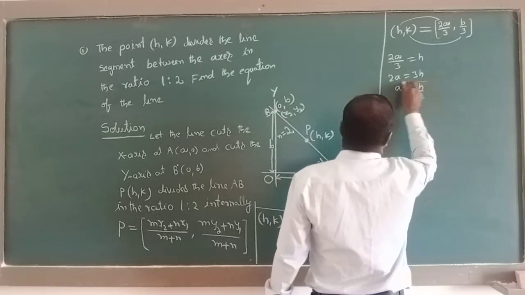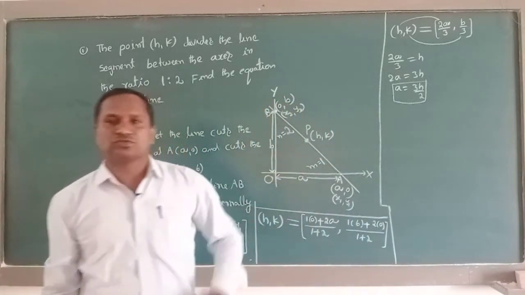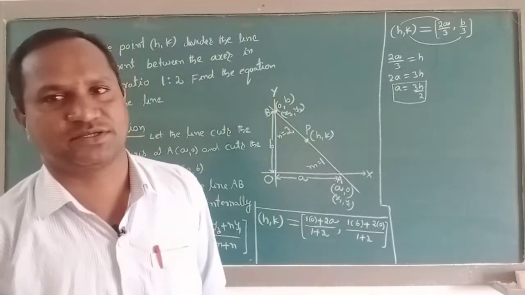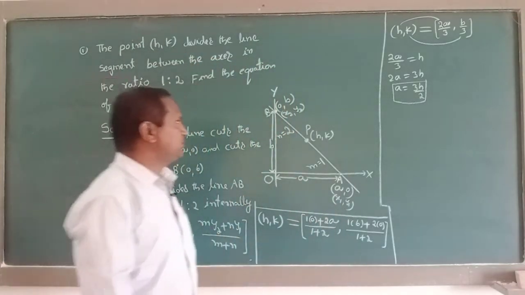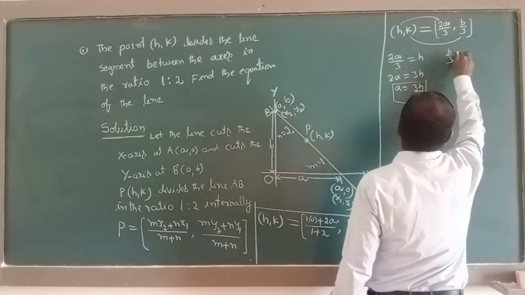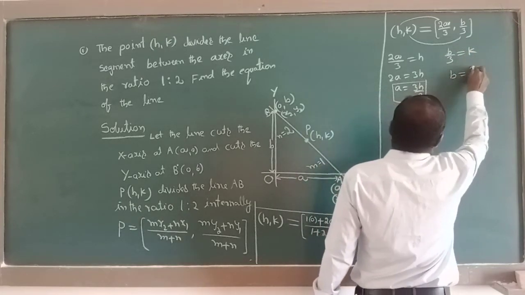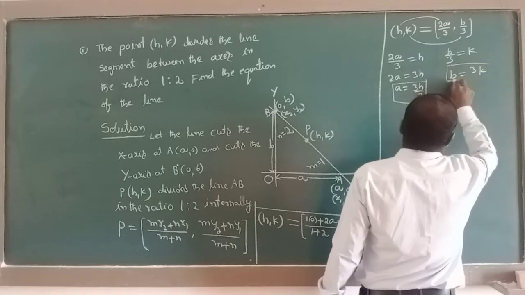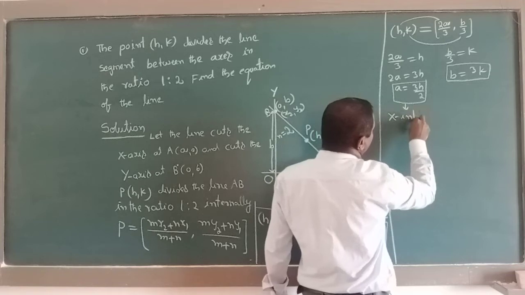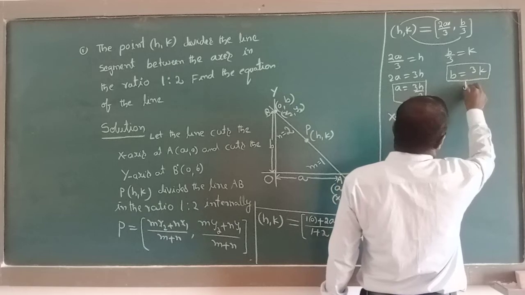We got the value of small letter a here. Already I have told that small letter a is the x-intercept and small letter b is the y-intercept. Now the next one: b by 3 is equal to k. Taking cross multiplication, b is equal to 3k. We got the x-intercept and the y-intercept.